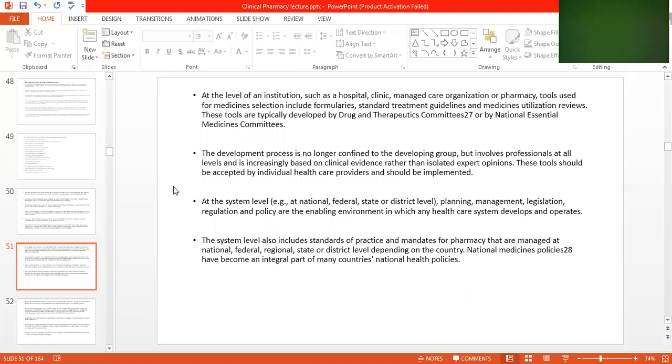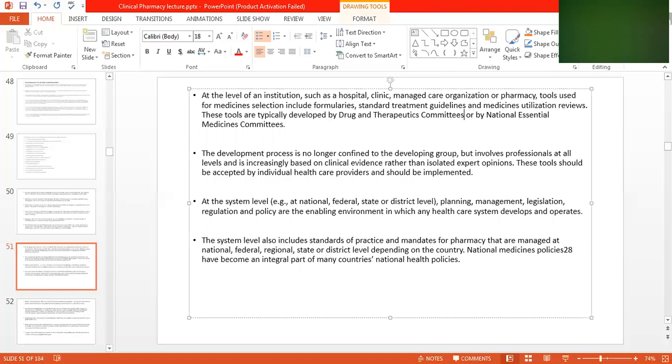What do we mean by standard treatment guidelines? Means the guidelines provided to the pharmacist and the doctor on how to dispense your medicine and how the physician should prescribe the drug, and how the other staff, including the nurses, should take care of this whole process. So it's teamwork.